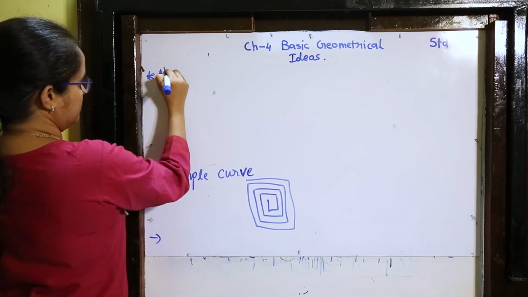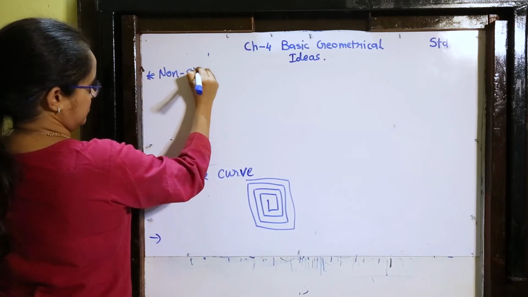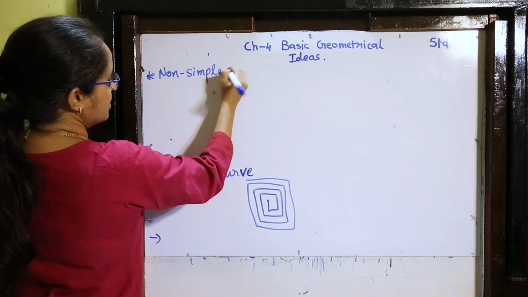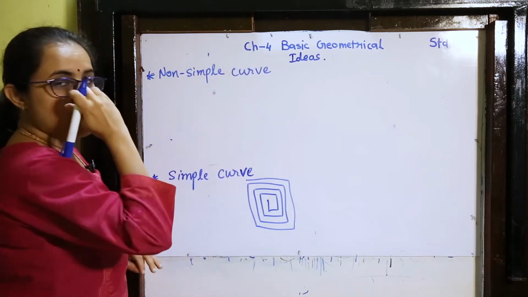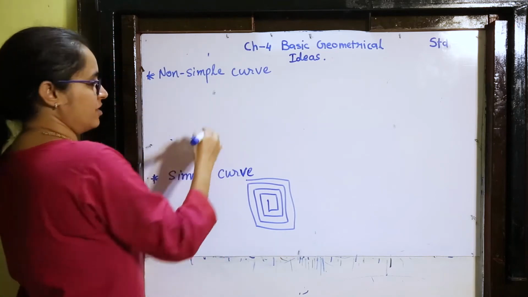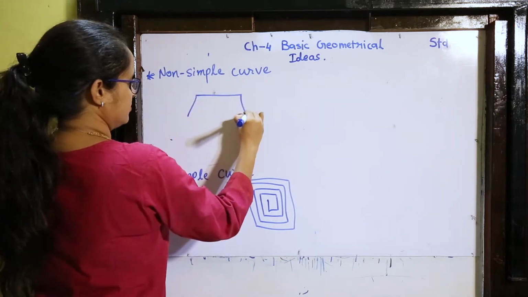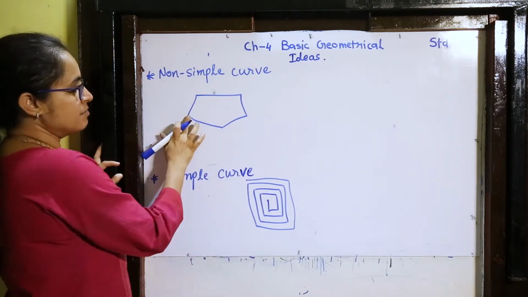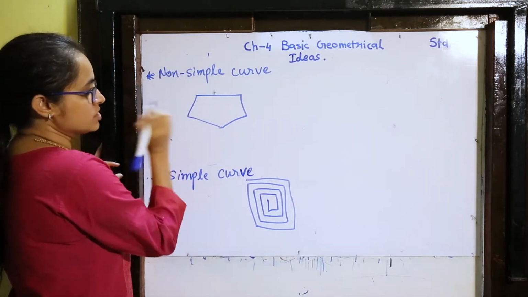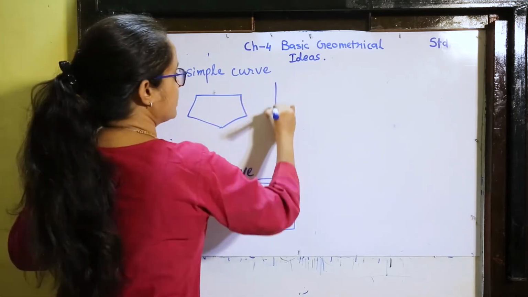Now non-simple curve. Non-simple curve is the opposite of the simple curve. That means it crosses itself or it joins itself. For example, that's non-simple curve. That means closed curve. You can draw like that also.